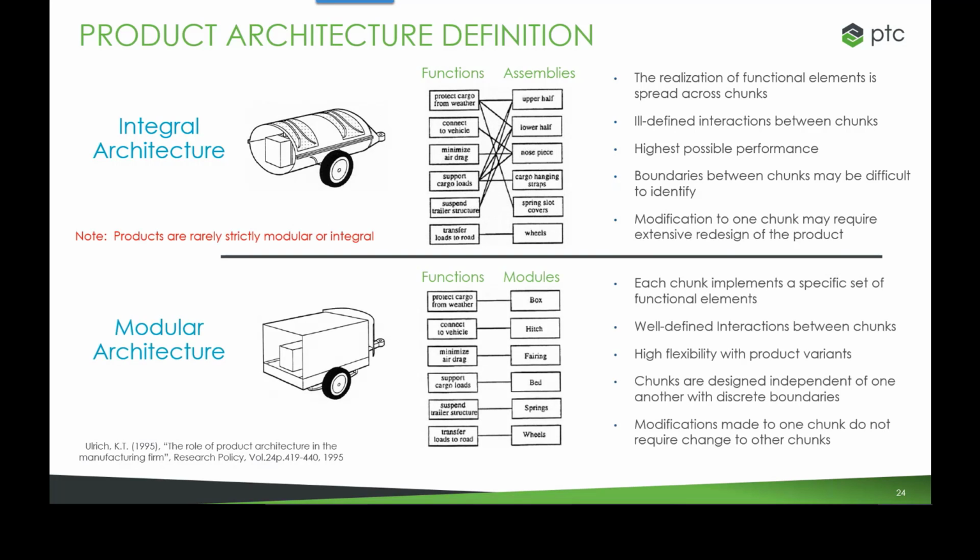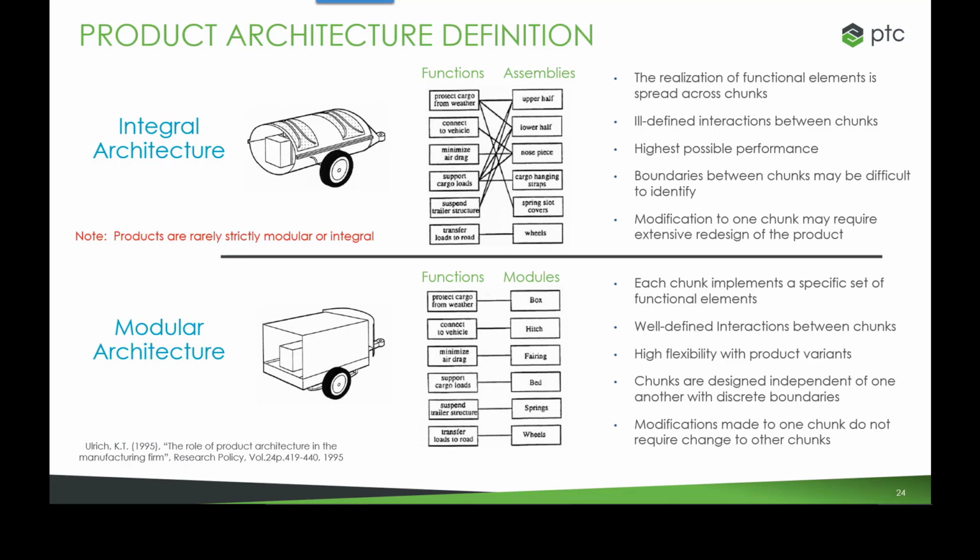Modular architecture has a more clear coupling between functions and modules. There are well-defined interactions between the modules. There's high flexibility with product variants. So it's easier to remove a module or add a module because the interactions are more clear.